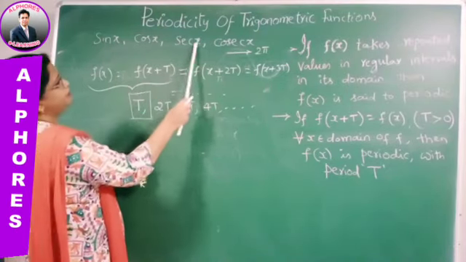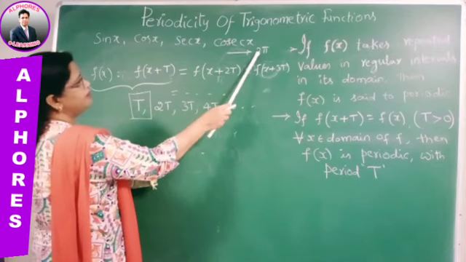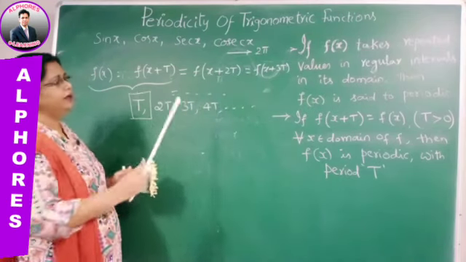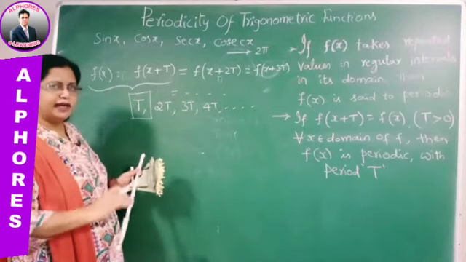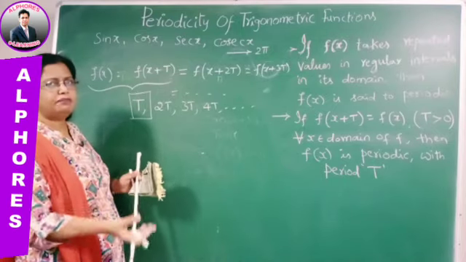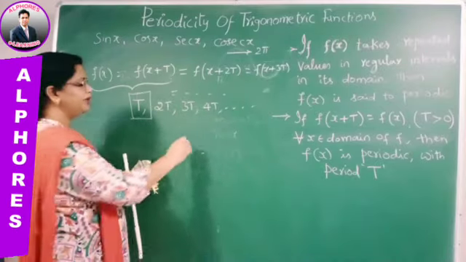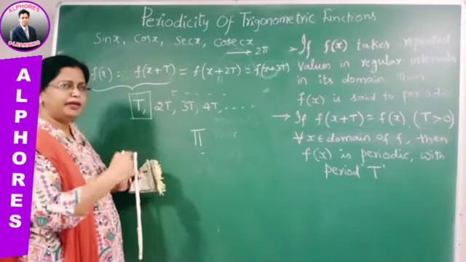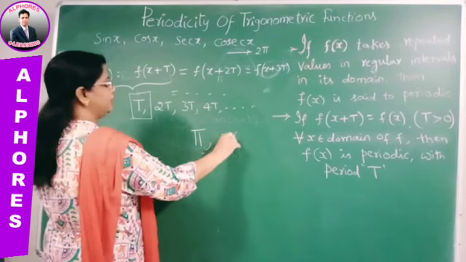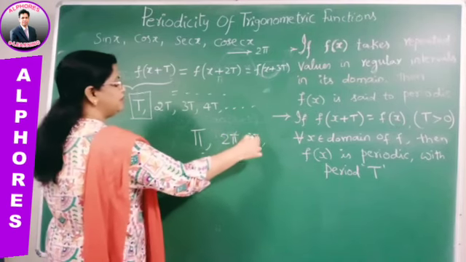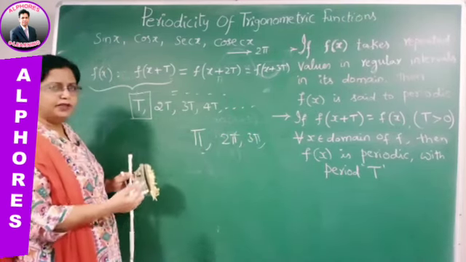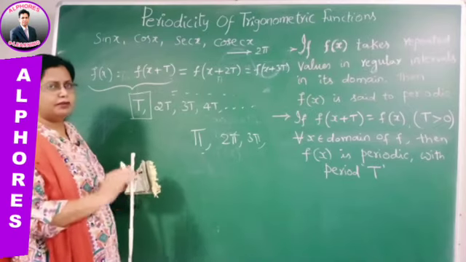Therefore for these four functions students, the fundamental period is 2 pi, whereas periods can be 4 pi, 6 pi, 8 pi, etc. And again for tan function the fundamental period is pi, and periods can be pi, 2 pi, 3 pi, but they must be only integer multiples, moreover positive integer multiples.